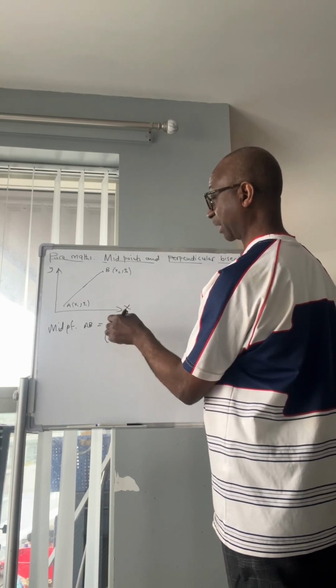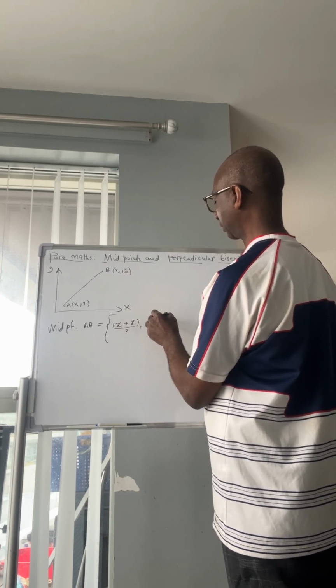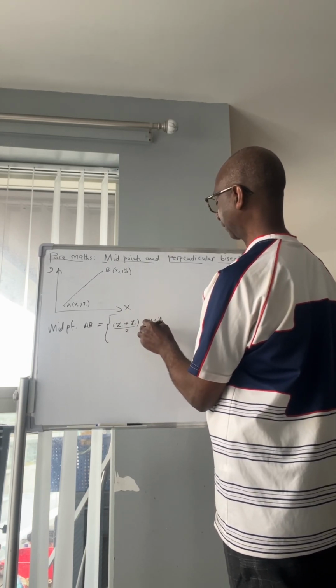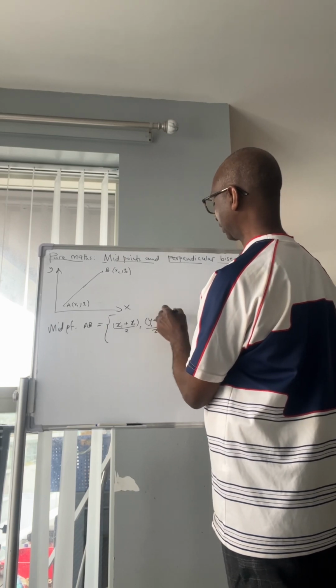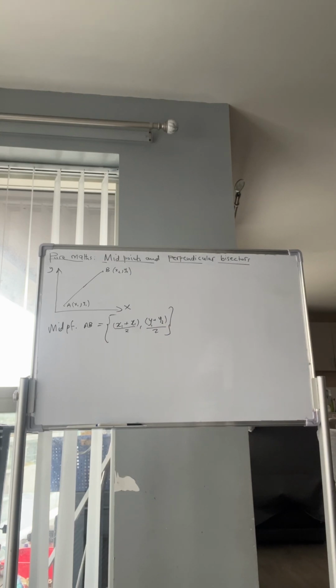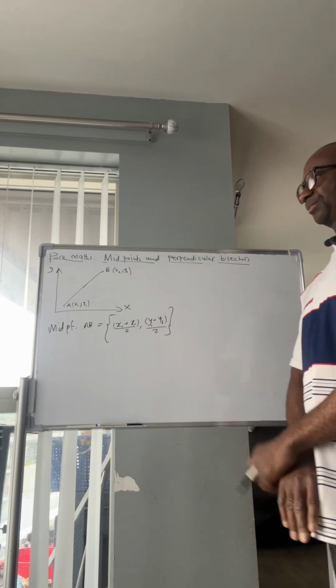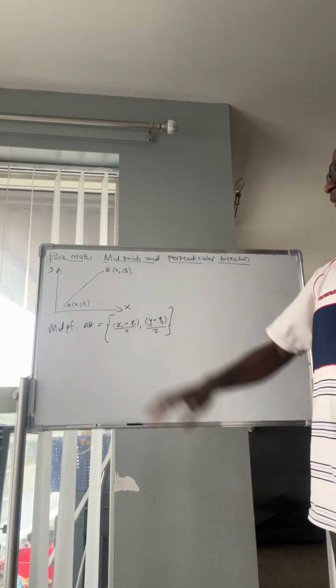You divide, you find the average, and then the y coordinates, you find y1 plus y2, find the average, and this is your midpoint. This point here is your midpoint of this line segment.